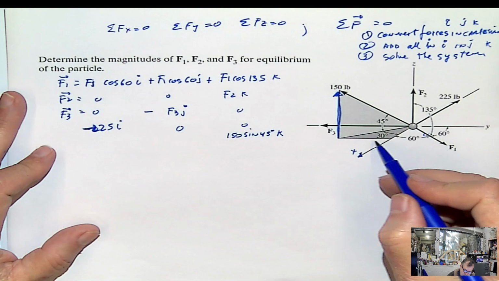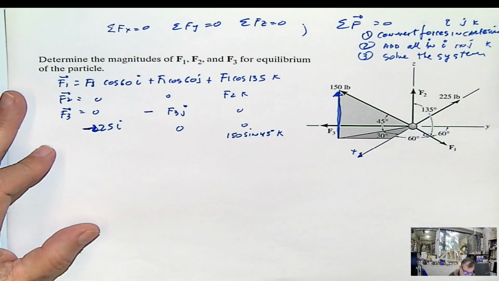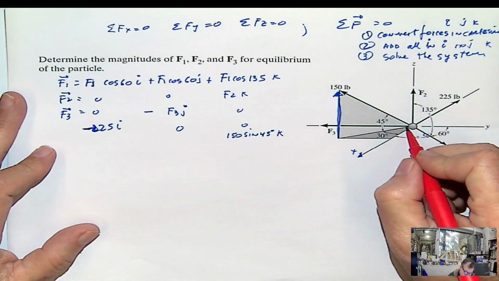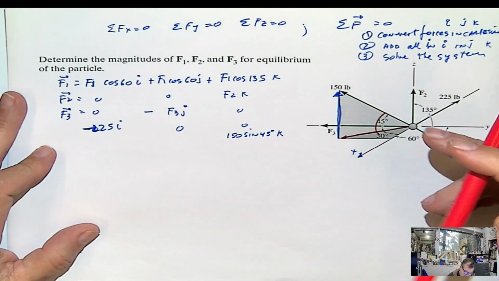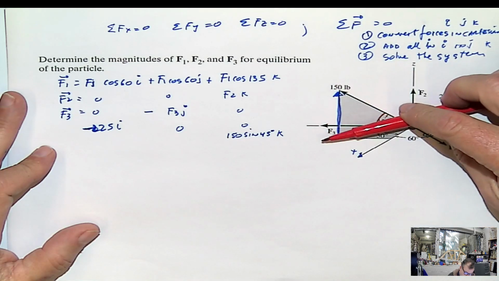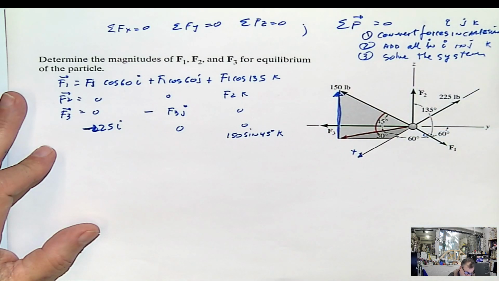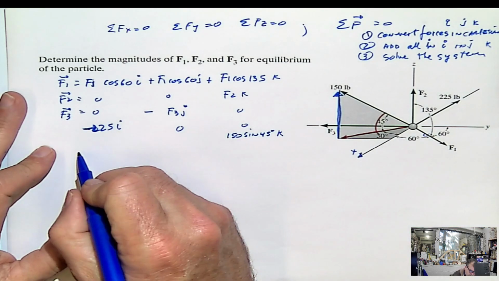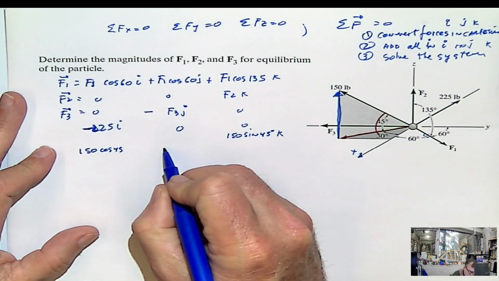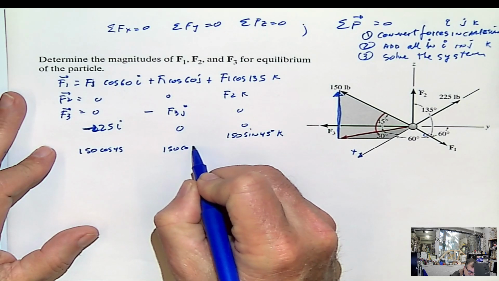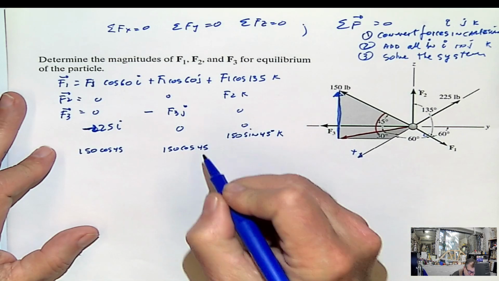Now for these x and y, first we have to drop this 150 in this plane, which will be 150 cosine 45. Let's put that 150 cosine 45 and 150 cosine 45.